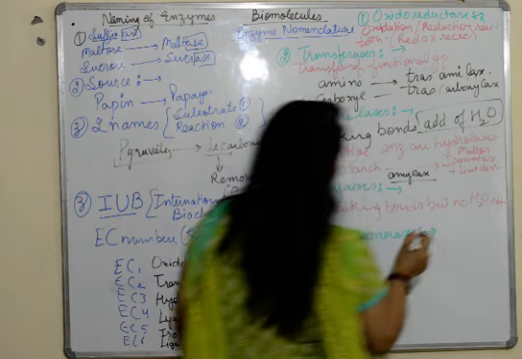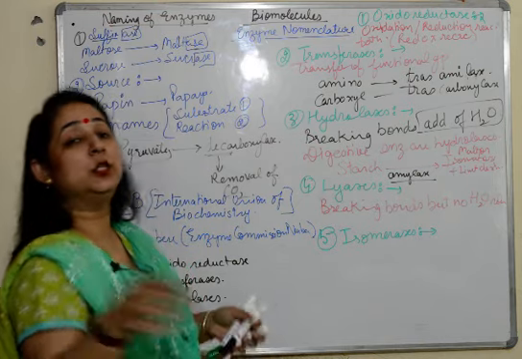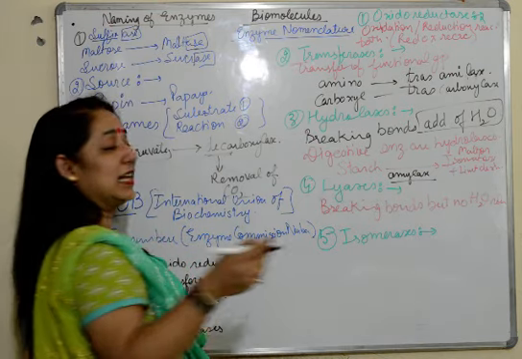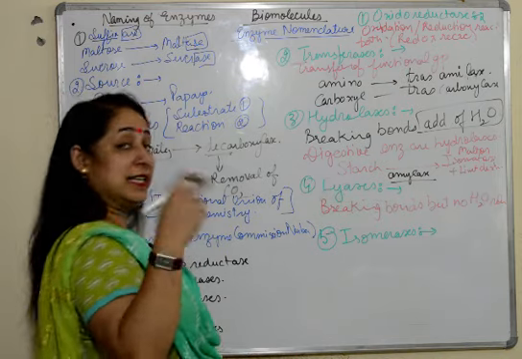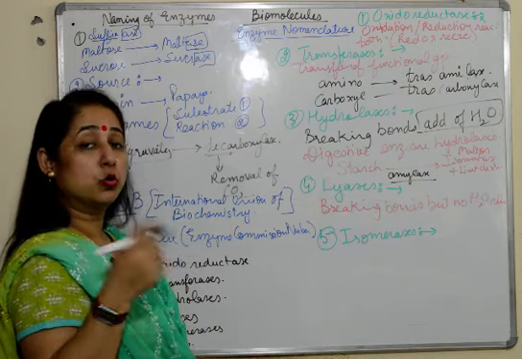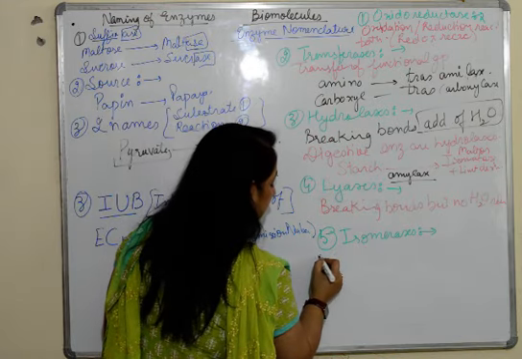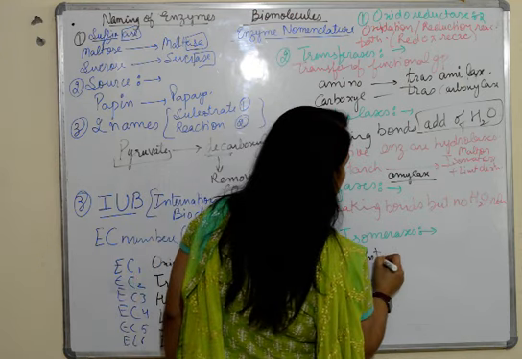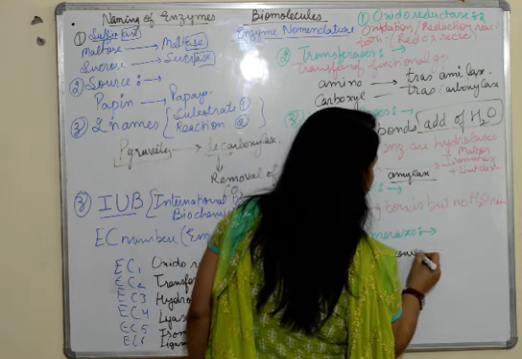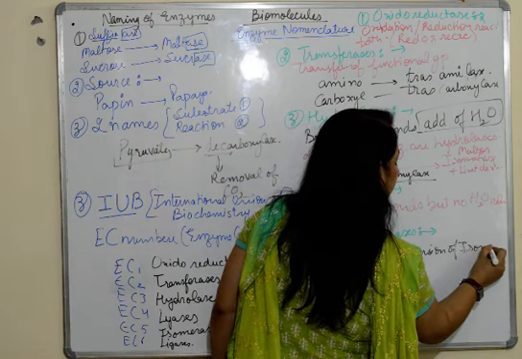isomerases. Isomerases are the ones which are responsible for conversion of one isomer into another, or you can say they change the shape of one isomer to another. There are two very common isomers, glucose and fructose. So isomerases help in interconversion of isomers.